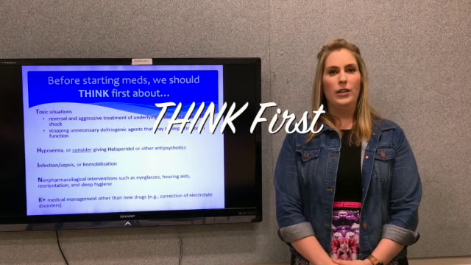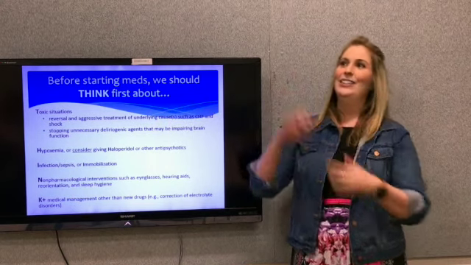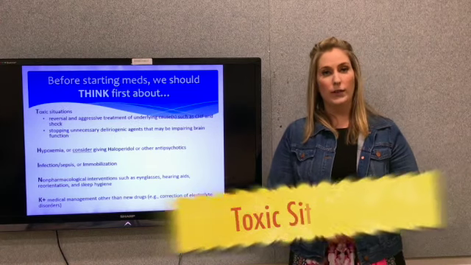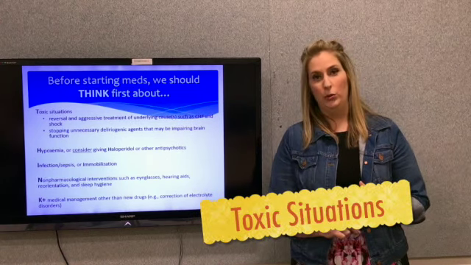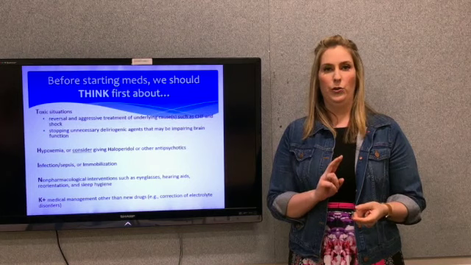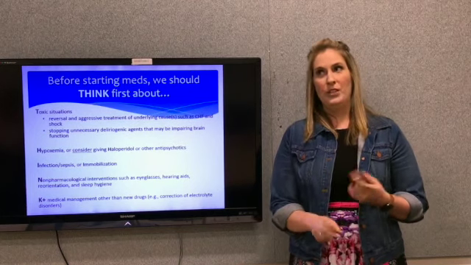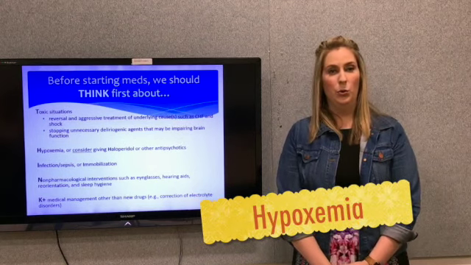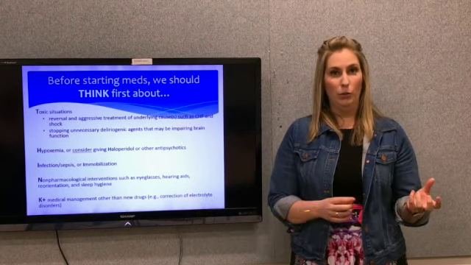This is kind of a mnemonic to think about prior to starting meds. So you want to think about reducing toxic situations, so reversible or aggressive treatment of if you're dehydrated, or CHF, shock. H stands for hypoxemia, so if they need a little more oxygen, give them a little more oxygen.